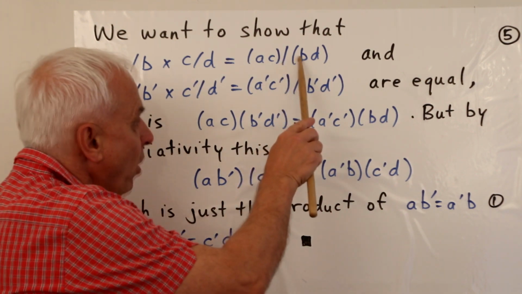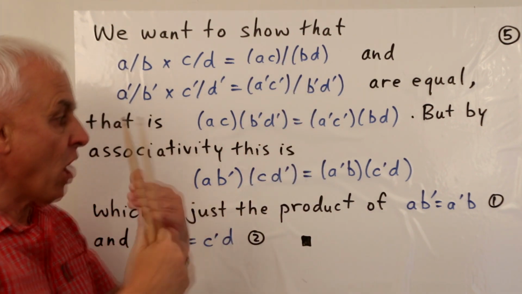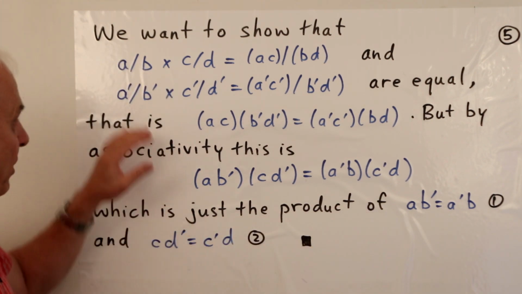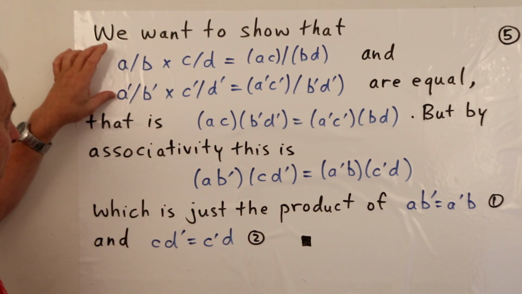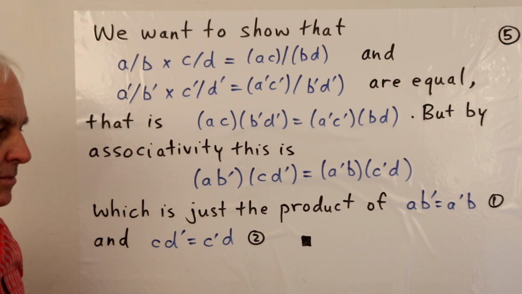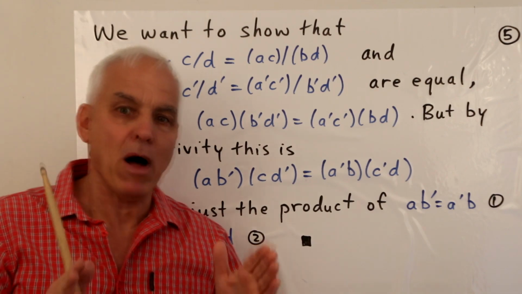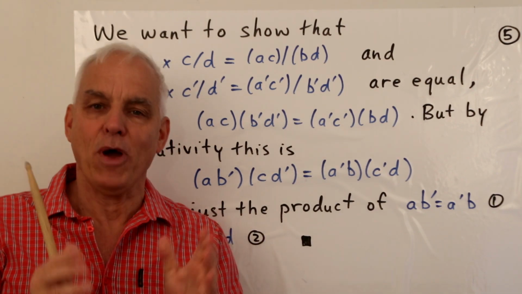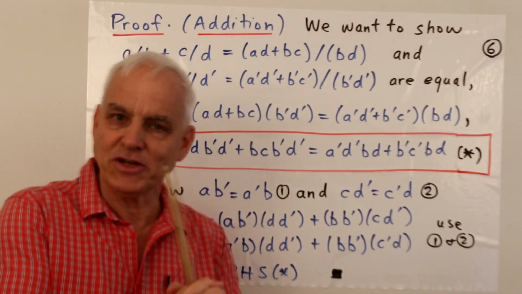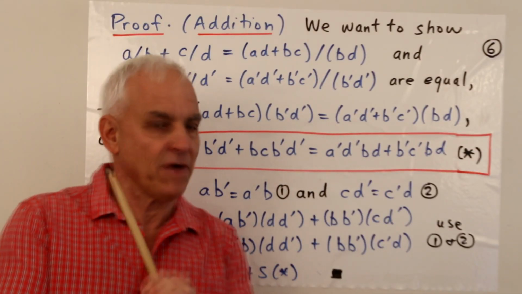So the equality between these two things is a consequence of the relations that we're assuming between A, B, and A prime, B prime, and these two here as well. All right, so that proves that multiplication is well defined. Okay, now let's correspondingly look at the other operation of addition and show that it's well defined also.